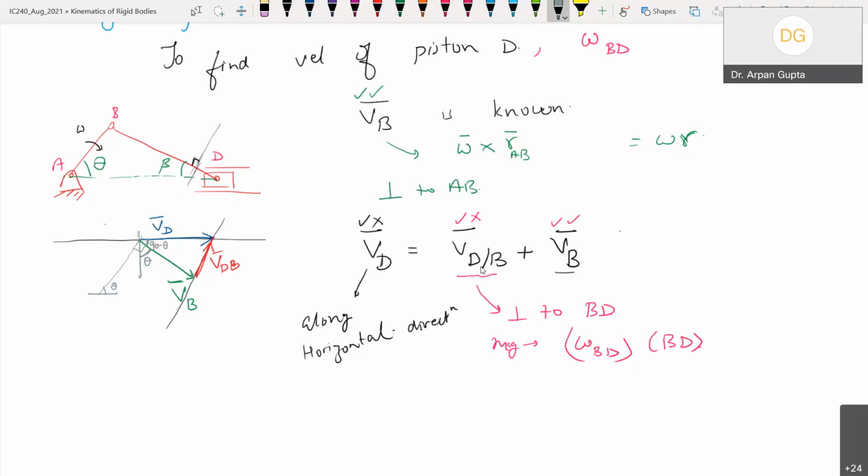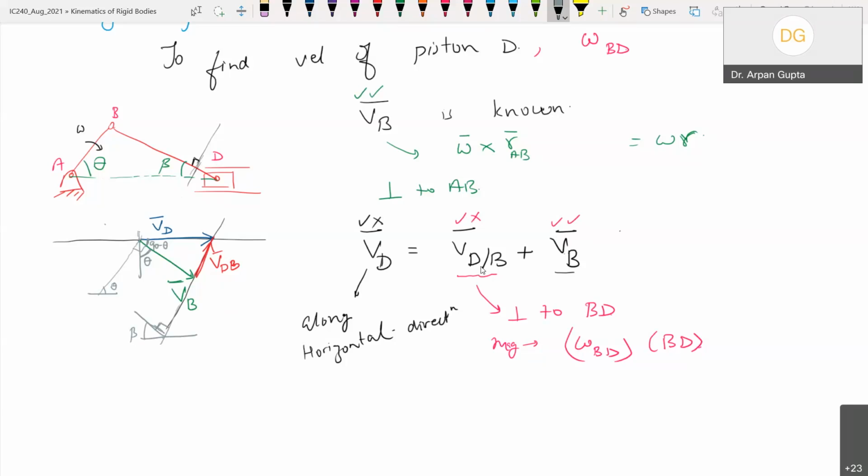Next is about this angle here. This line is perpendicular to BD, so this is the direction of BD, right? This angle has to be beta, and this angle is beta.